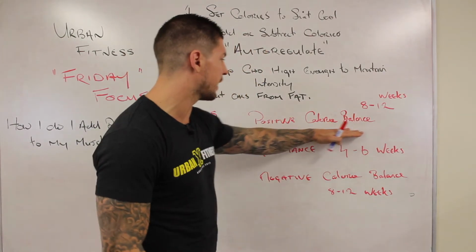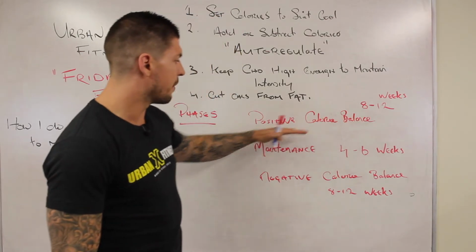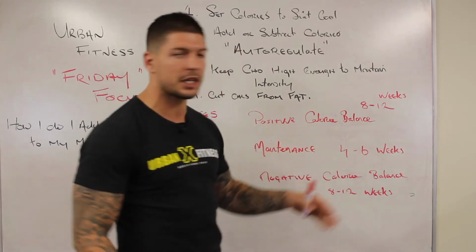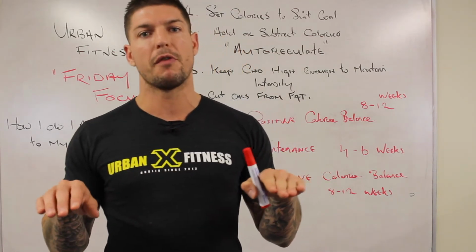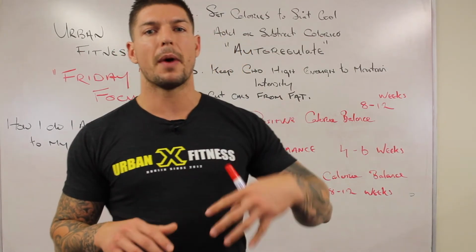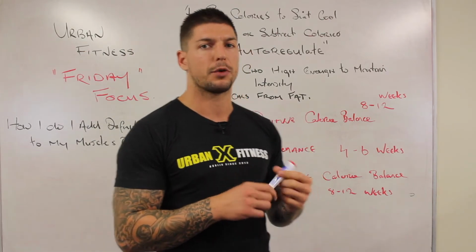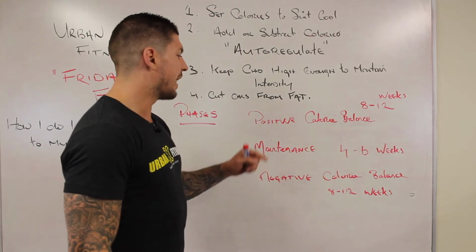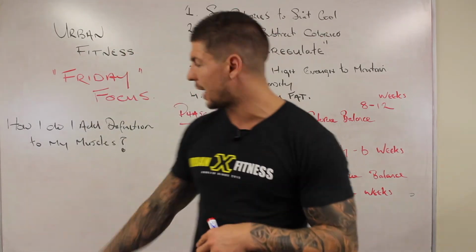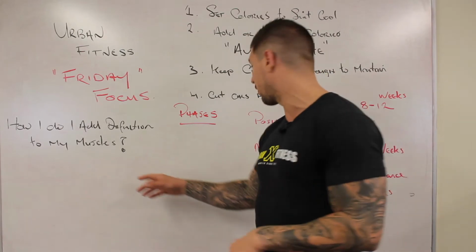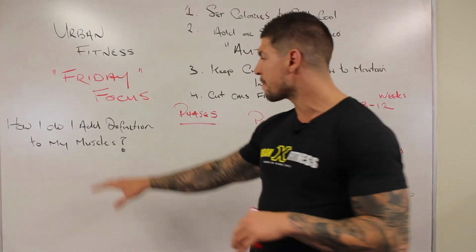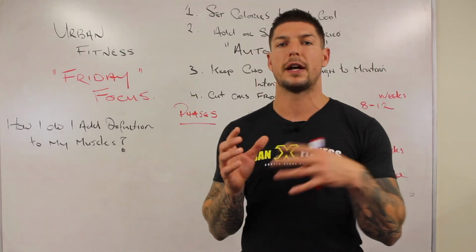Once you finish that dedicated phase, you want to go into what's called the maintenance phase, and that's where you're going to keep your calories just at the right amount, so you maintain your weight for about 4 to 6 weeks. Okay, it's just giving your body time to adjust and create a new set point at that weight, and then you can start to go into your cut. So to add definition to your muscle tissue, once you've stayed at that maintenance phase for about 4 to 6 weeks, then you're going to start to cut body fat to try and add definition.